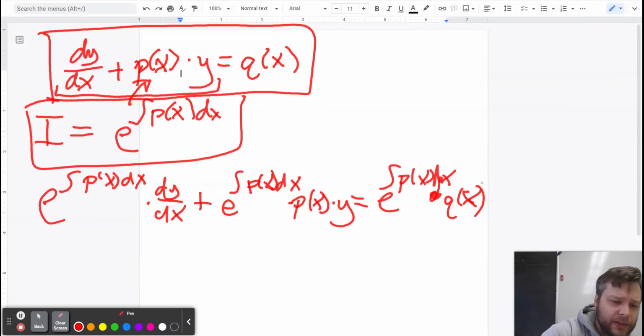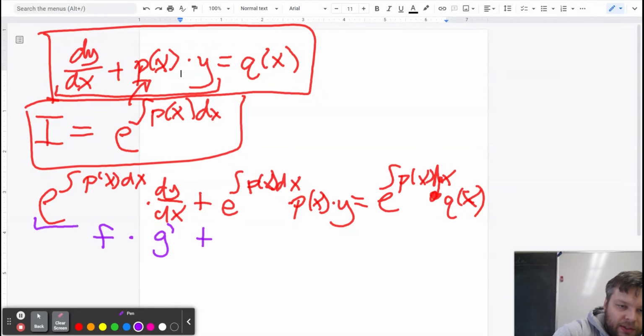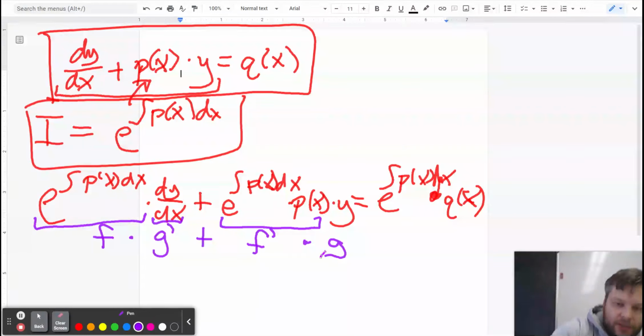What I want you to notice, though, is that the left side is actually a product rule. We have here f times g prime. So f is this first chunk, g prime is the second part. Look here, this is f prime times g. And that's wonderful.